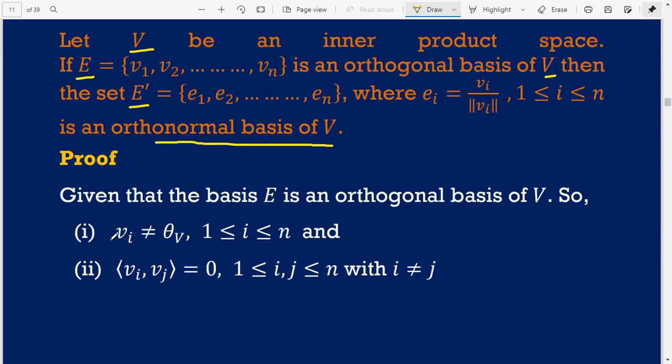Proof. Here we have given that the basis E is an orthogonal basis of V. So Vi is not equal to 0 vector, and inner product Vi with Vj is equal to 0, for 1 less than or equal to i and j less than or equal to n, with i not equal to j.